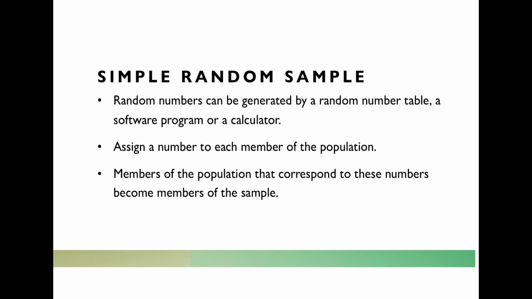And as long as we mix it up right and we all folded the papers the right way, we kind of assume that that's a fair way of picking a winner, or in the case of creating a group, picking a random sample. In a more sophisticated way, we can't really put names in a hat, but we can assign people random numbers and then have a calculator or computer generate a bunch of random numbers. So that's how we can at least begin an idea of a simple random sample.